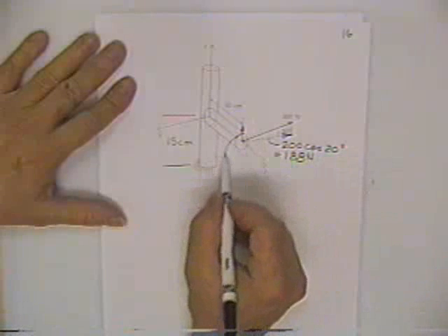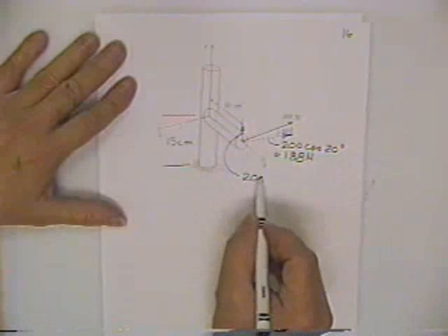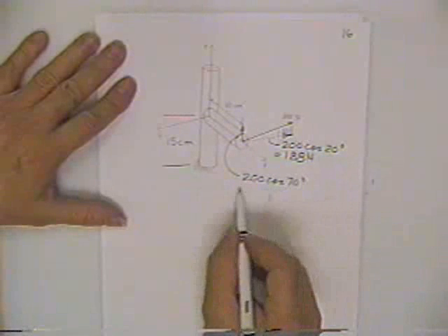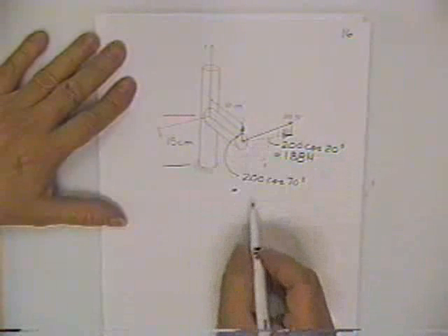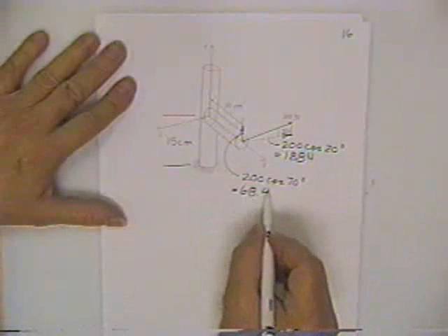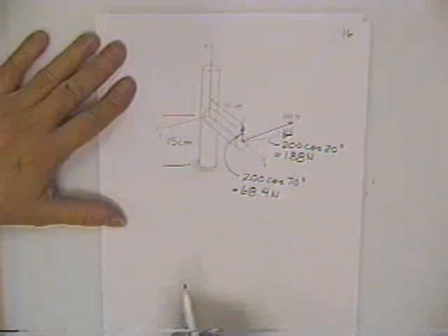And the vertical component would be 200 newtons times the cosine of 70 degrees for an upward component of 68.4 newtons.